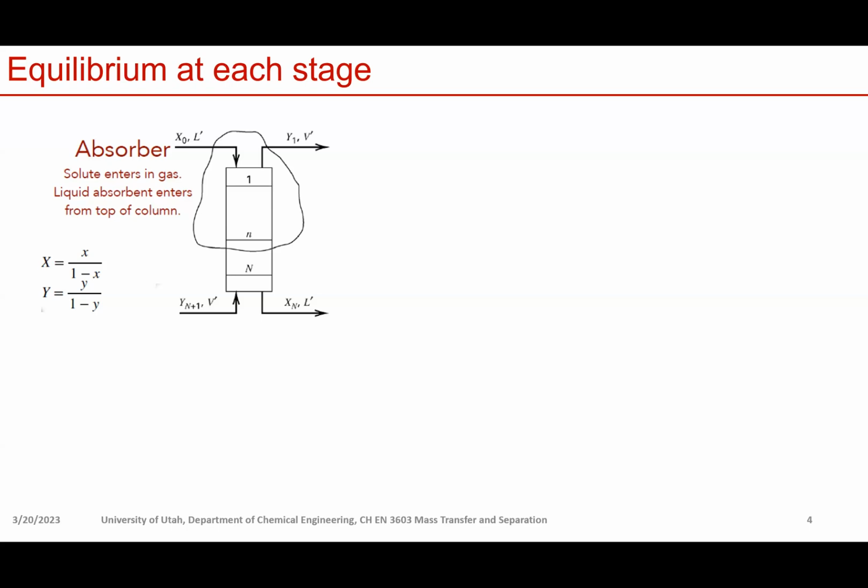Remember that we have many trays, and each tray is a stage, and the downcoming liquid absorbent will mix with the upcoming vapor in each tray, right? And if we assume equilibrium at each stage, that means we assume they mix very well in that tray. Then that's the case where we can achieve the best separation process. So we will start from this, because this is conceptually the easiest case.